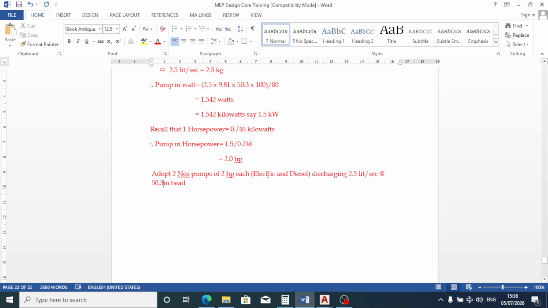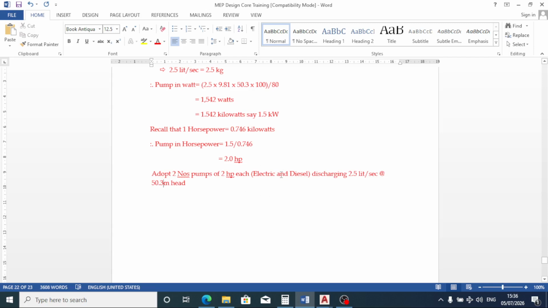These two pumps can sometimes be complemented with a third pump called a jockey pump. A jockey pump is a minor pump compared to these two pumps. All it does is make sure that the pipes are always charged with water. There are losses even when the pipe is completely insulated.